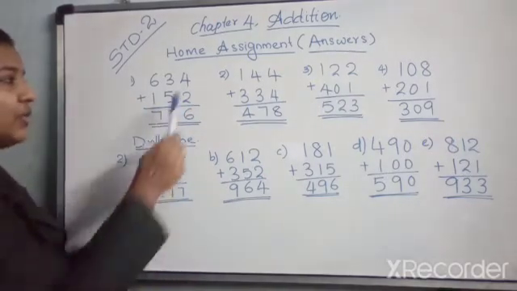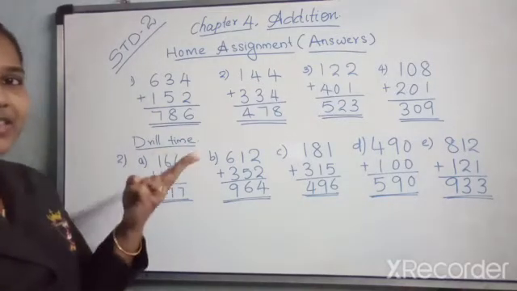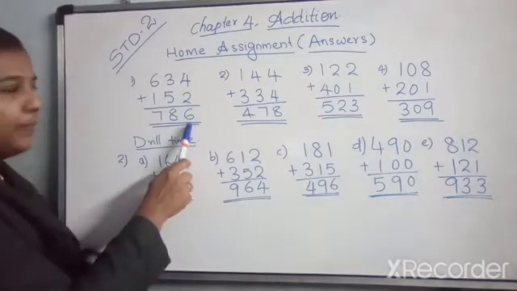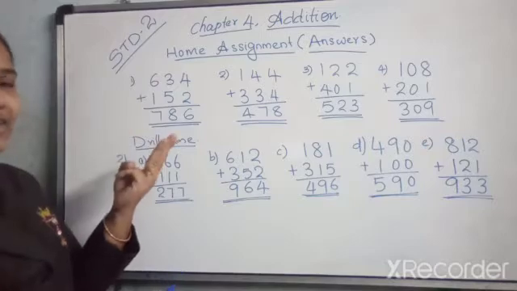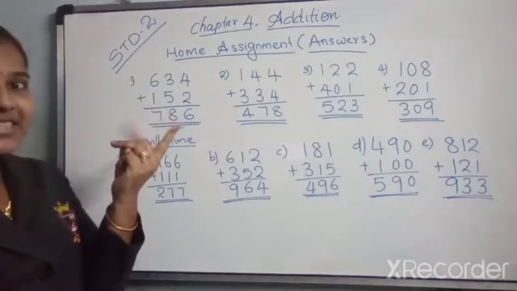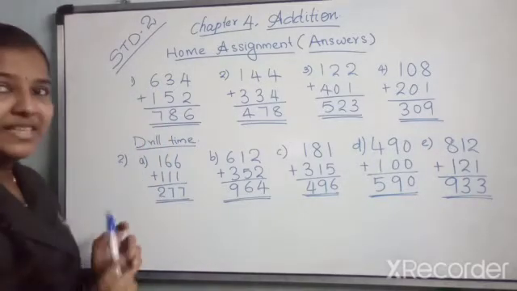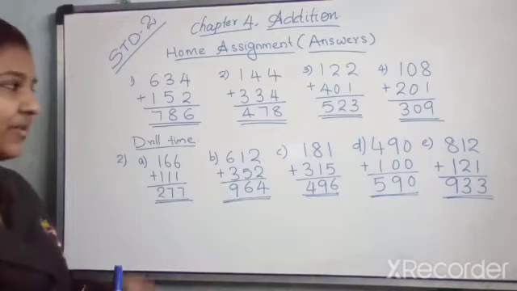So 4 plus 2. Keep 4 in your mind and take 2 fingers after 4: 5, 6. So 6 you can write here. Then 3 plus 5. Keep 5 in your mind and take 3 fingers: 6, 7, 8. So 8 here. Then 6 plus 1 is 7.